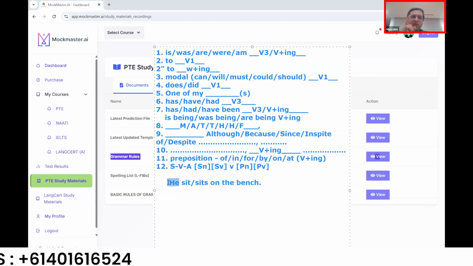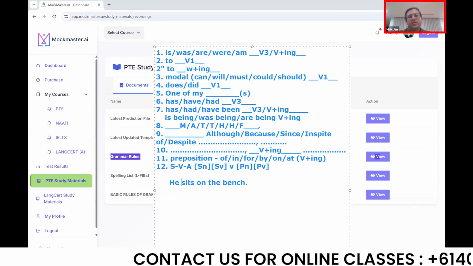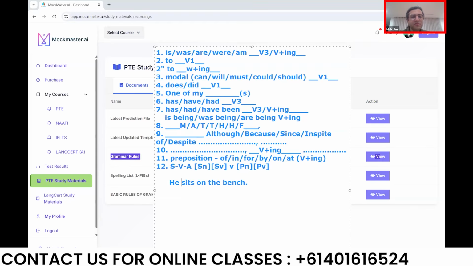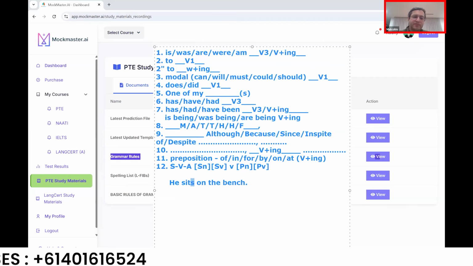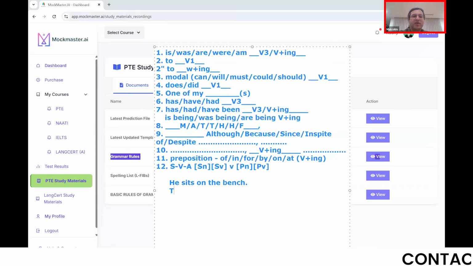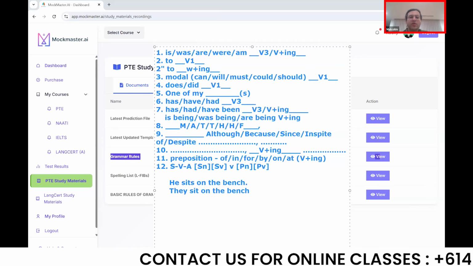Singular means one, plural means more than one. What is he? Singular. So, a singular noun will be followed by a singular verb. Singular verb ends with S. And similarly, if it is they, it will be sit on the bench. Plural.